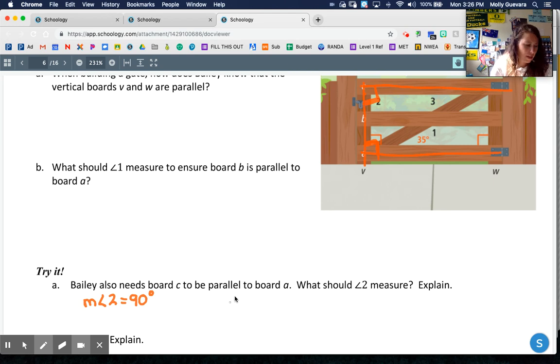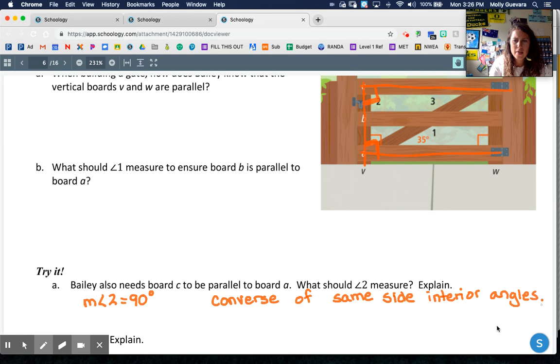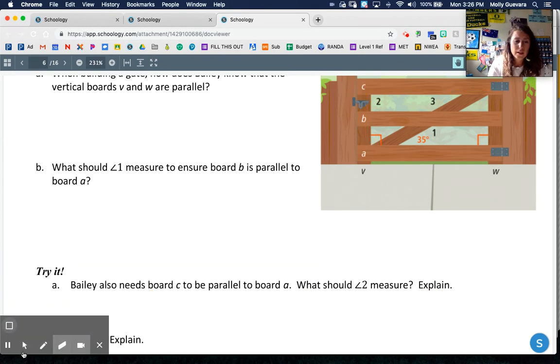And there's a couple different ways that we can look here, but I would use the converse of same side interior angles. So that says if the angles add to 180, then board A and board C are parallel.